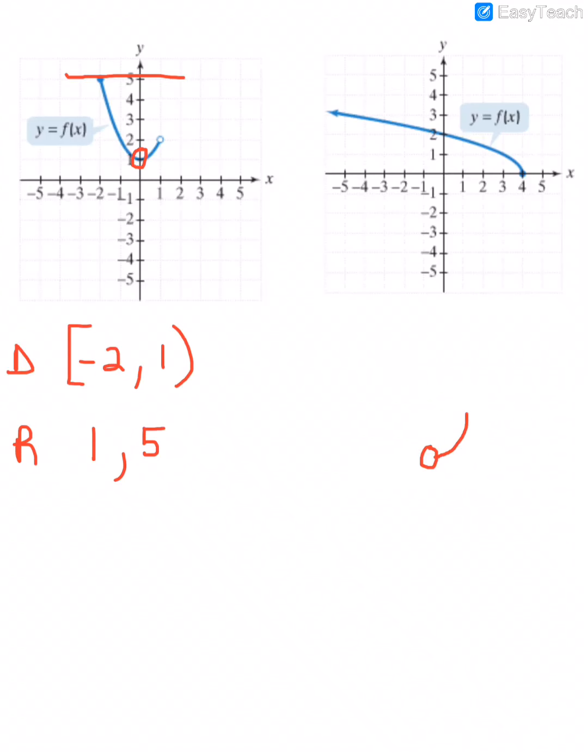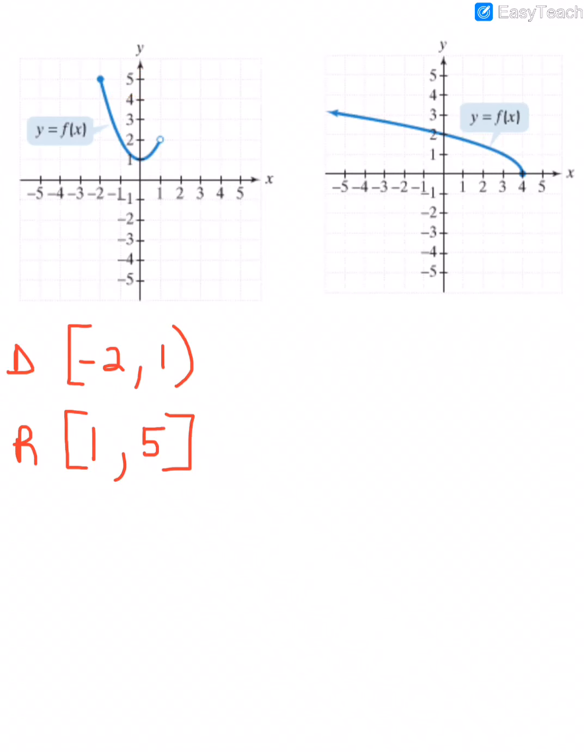But since we don't have that and it's filled in, that means that point at 1 is included in the graph, so we're going to use a bracket. And then up at 5, that one's easy because we see that we have a closed dot, so it is included, and again we use a bracket.